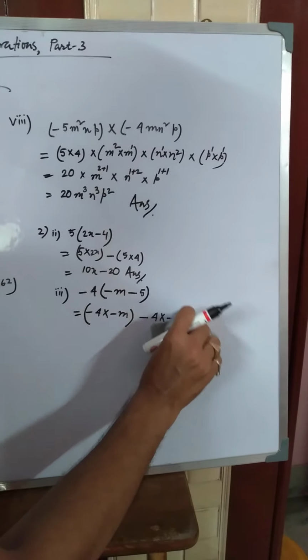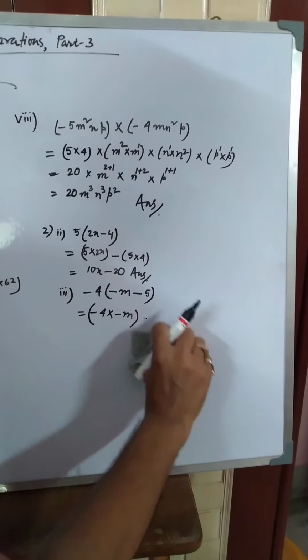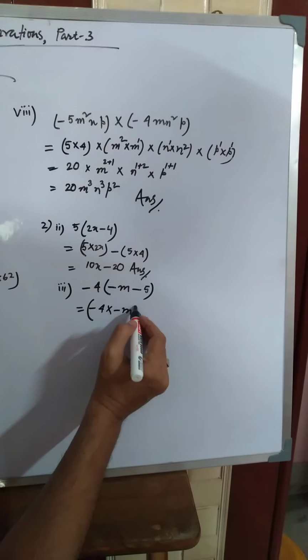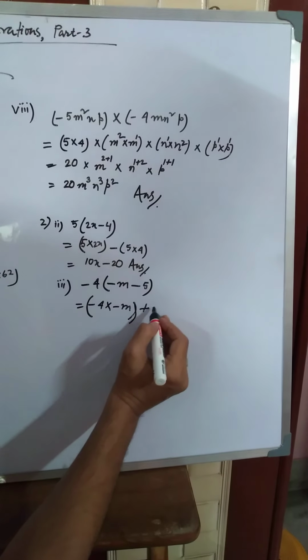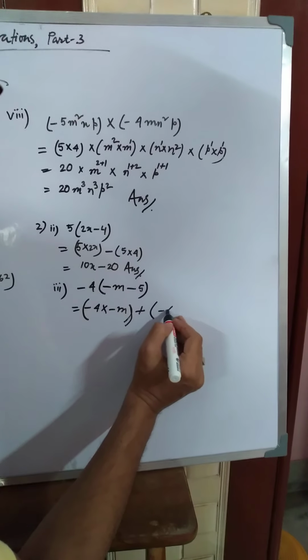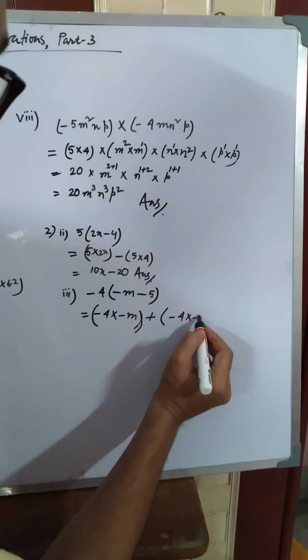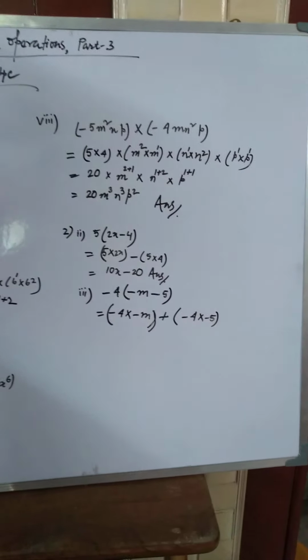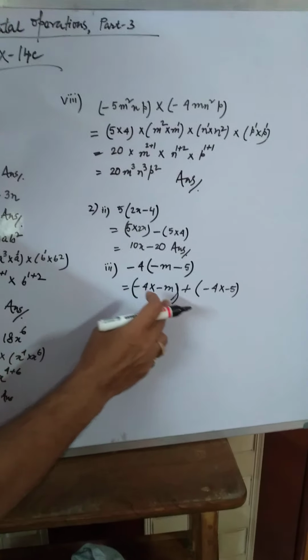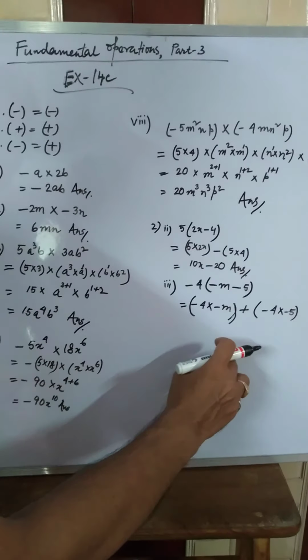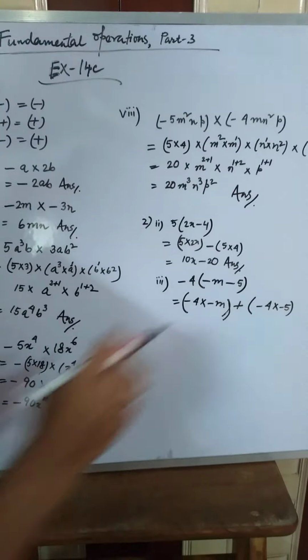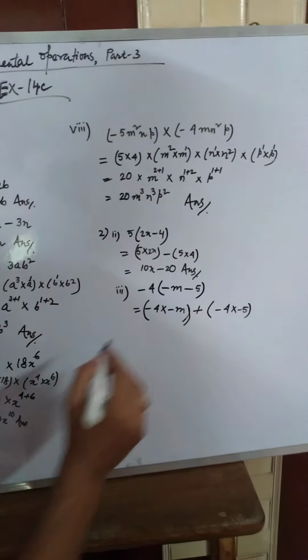But if you want to give the bracket, so what you have to do? Give a positive sign, plus sign, and then minus 4 multiplied with minus 5. So minus 4 multiplied with minus 5, then plus, again minus 4 is multiplied with minus 5.